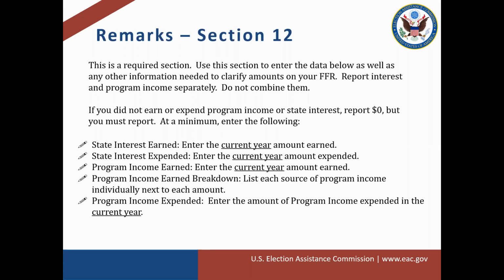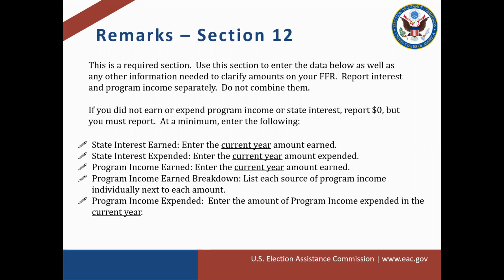So for this FFR that's due in this calendar year in December, the period ends September 30th, 2020, but starts October 1st, 2019. So that's a federal fiscal year. So October 1 through September 30th. And then you get 90 days to report on December 29th.